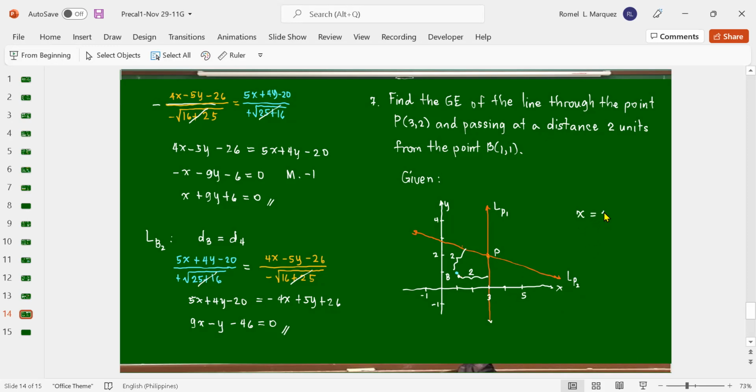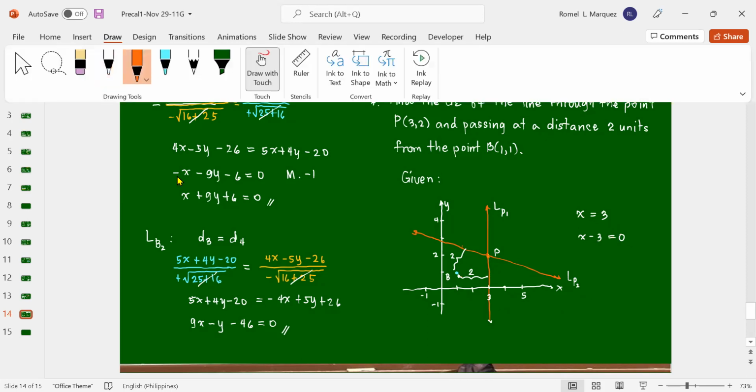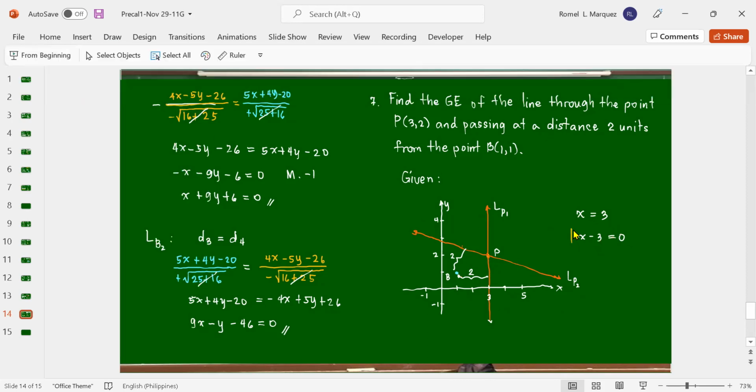Equals 3, because this is obviously (1, 2). That is the distance of this line from B, and that is passing through P. Or in general form, x minus 3 equals 0. This is one possible answer, which we did by inspection.